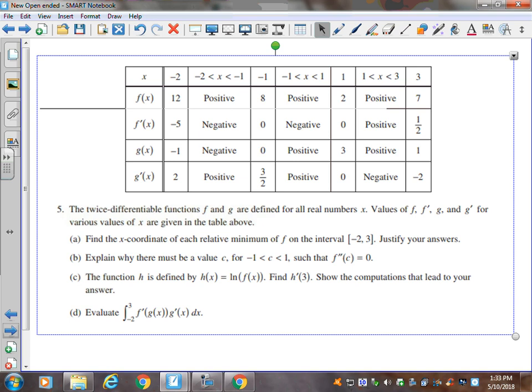Negative to positive or negative to negative? Negative to positive, because that means it's decreasing and then it's increasing. So sometimes what you might want to do is go in here and fill in that increasing, decreasing word, because it might give you something to go on later. So when it goes decreasing to increasing, this is a min.